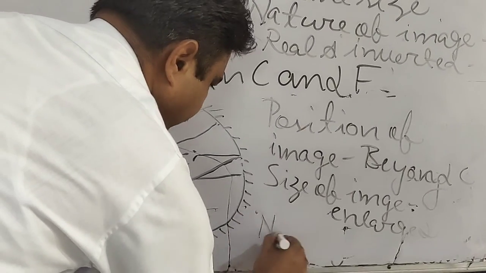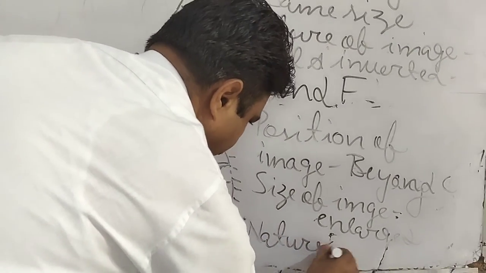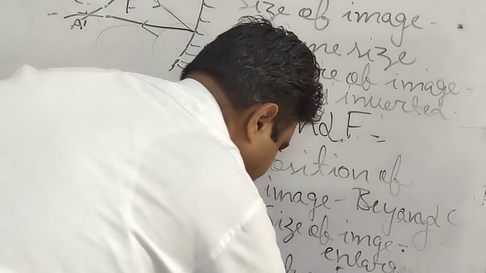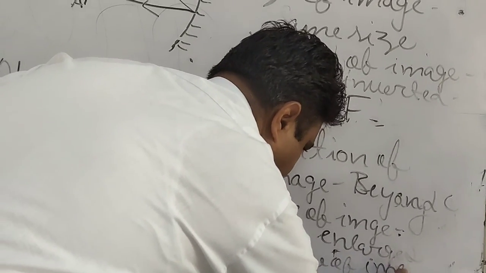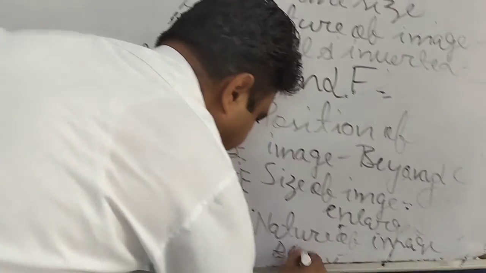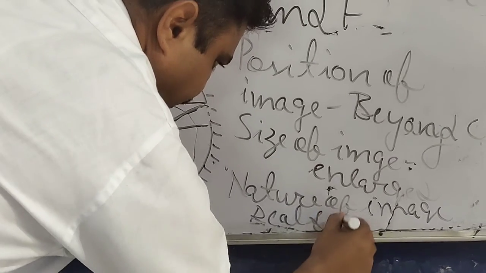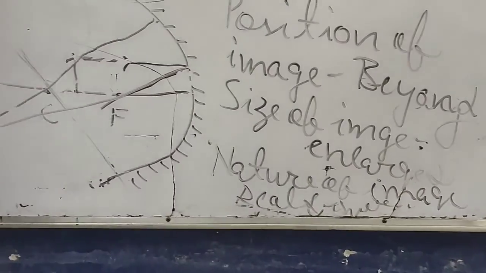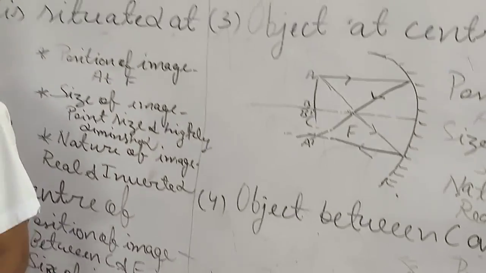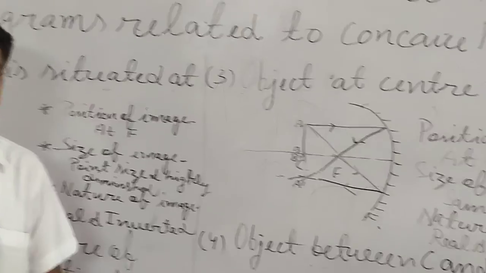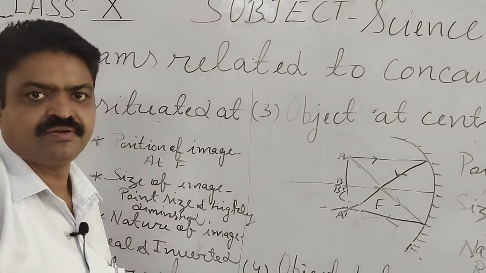Nature of image: real and inverted. So that is about this ray diagram. Now we come to the next ray diagram, student.